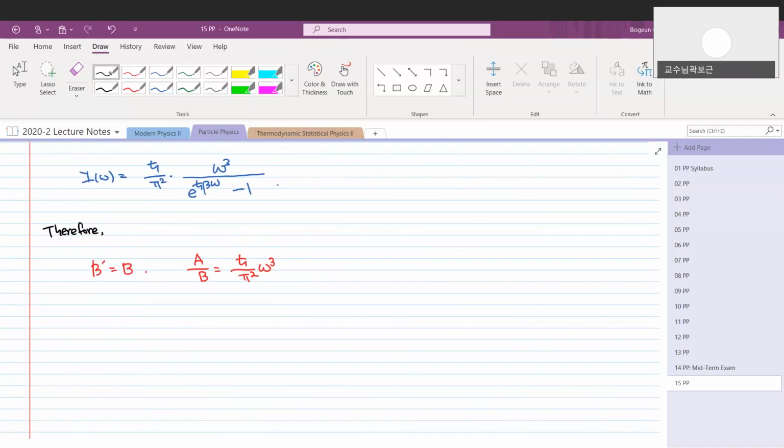B prime is related to stimulated emission, so absorption and emission may be the same as each other. This implies that emission equals absorption.